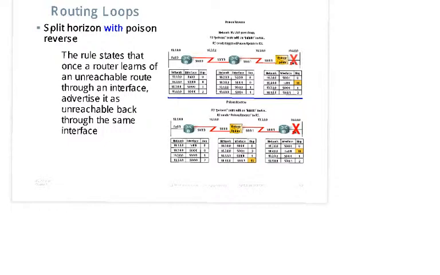The poison update will be the only exception for the split horizon, which means that the poison update will get forwarded to router 2. So router 2 will update its entry to 16.